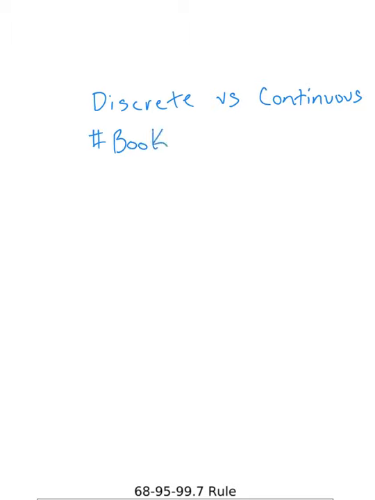However, if that same student said, well, I read for about this much amount of time, that is a continuous variable because time is not precisely finite, right? If you think about time in itself, you got minutes, you got seconds, you got milliseconds, you got nanoseconds.